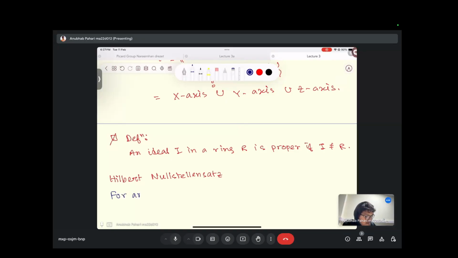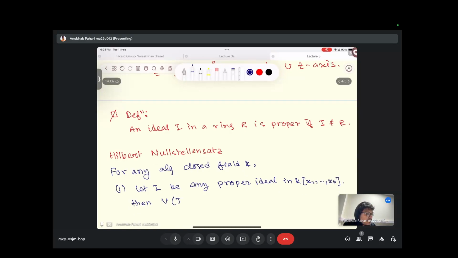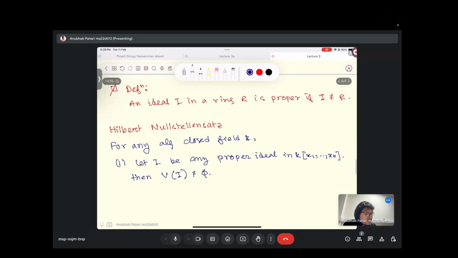For any algebraically closed field K, one, let I be any proper ideal in K[x1 up to xn], then V(I) not equals to empty set, and for two, let I be any ideal.